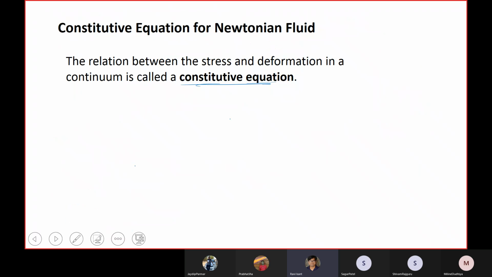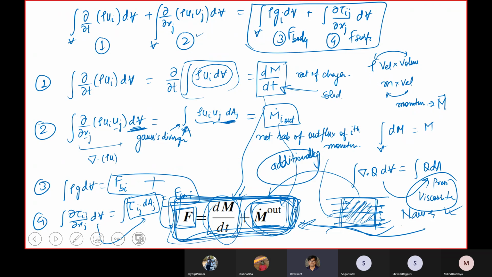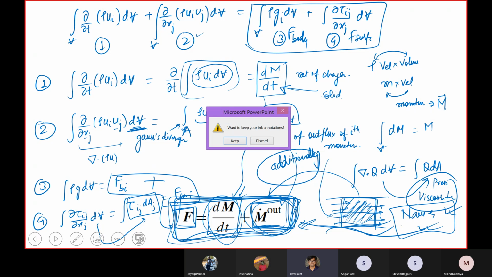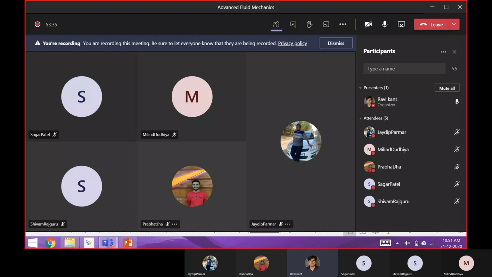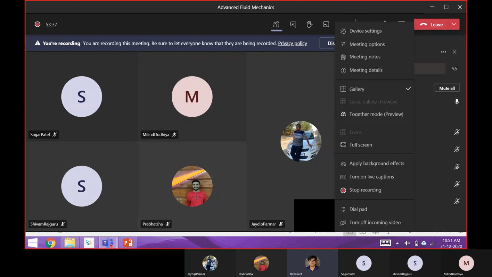This will be the starting step and the last step towards the full Navier-Stokes equation derivation. Any question?